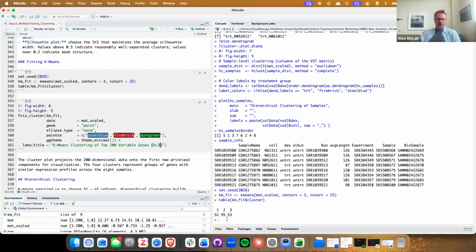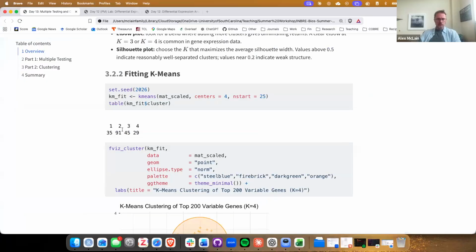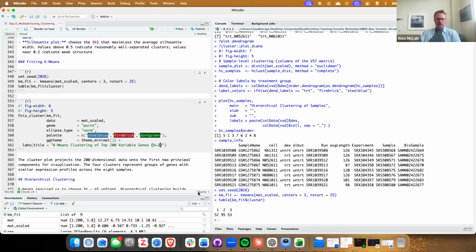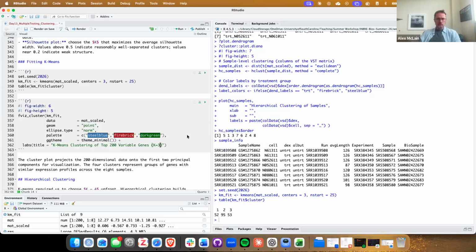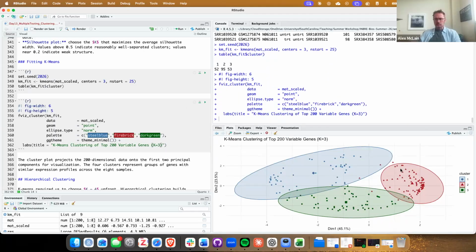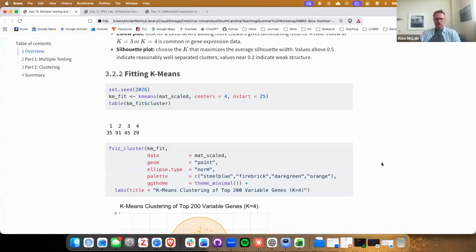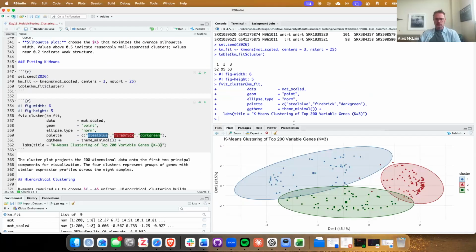So the 95, that appears to be the same cluster 2 that we had previously. And then it seems like maybe cluster 4 got sprinkled into clusters 1 and 3. We'll be able to tell more clearly on the figure. Yeah, so cluster 2, when we do 3, ends up having a similar look to the way it looked last time.